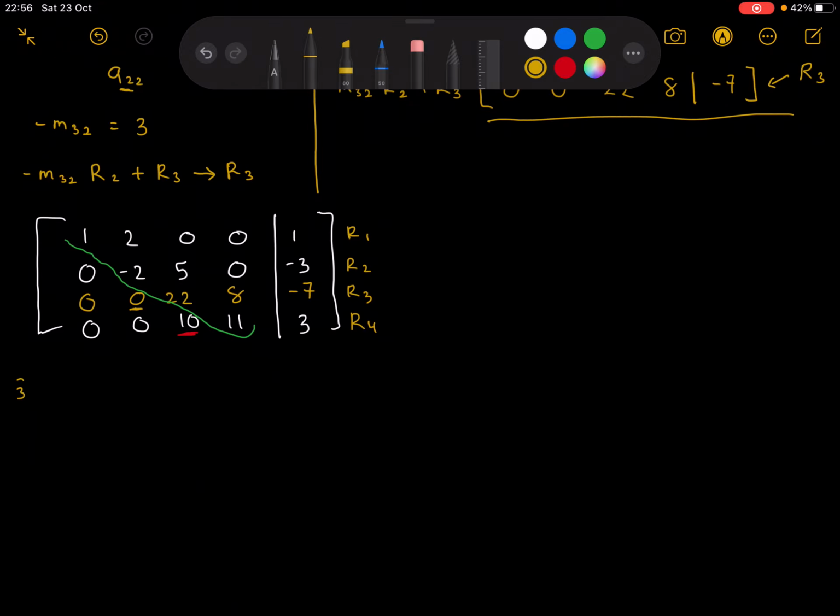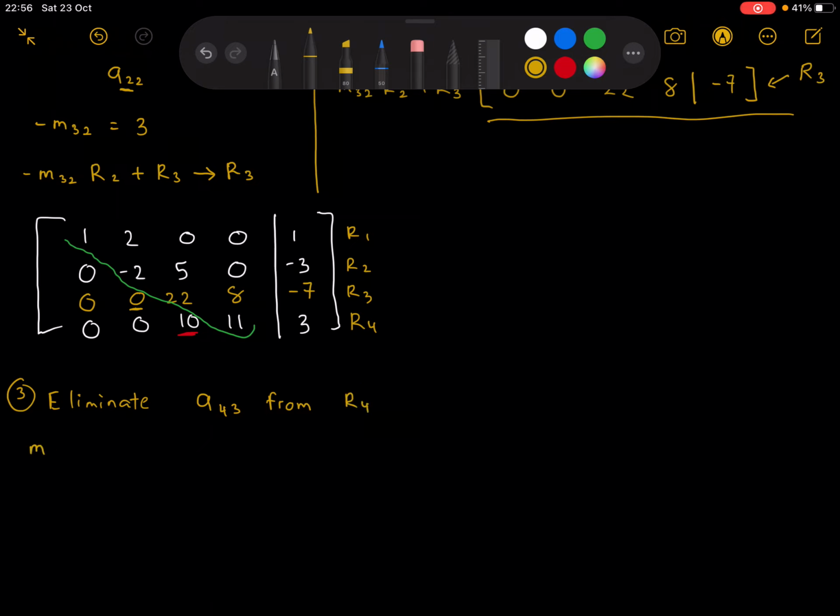So step 3 is eliminate A, row number 4, column number 3, which is located on row number 4.